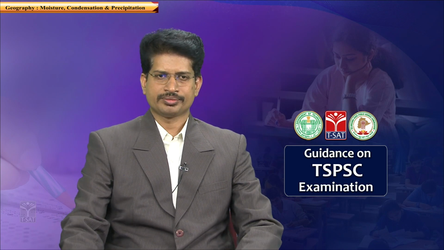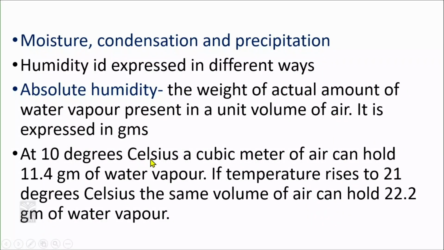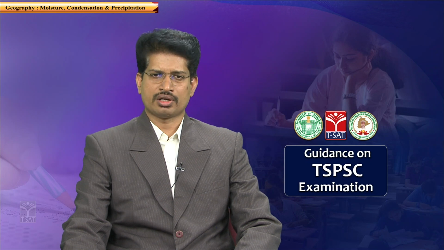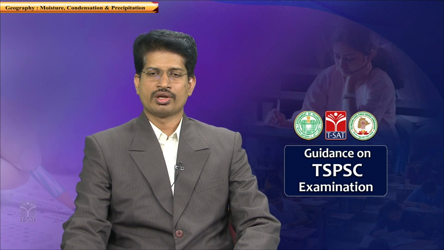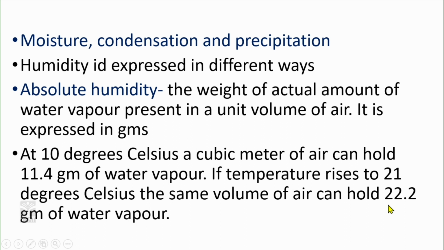For example, at 10 degrees Celsius, a cubic meter of air can hold 11.4 grams of water vapor. But with increasing temperature, the same volume of air can hold more water vapor. For example, 1 cubic meter of air at 21 degrees Celsius can hold 22 grams of water vapor.